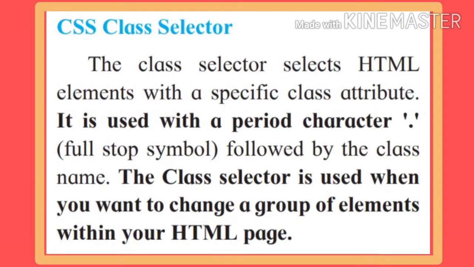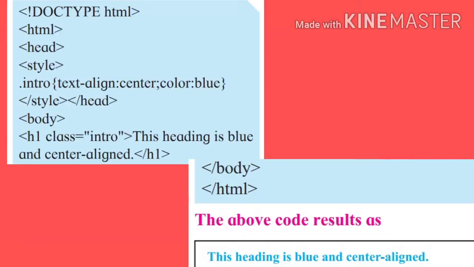Next is the class selector. The class selector selects HTML elements with a specific class attribute. It is used with a period character, that is a dot, followed by the class name. The class selector is used when you want to change a group of elements within your HTML page. Let's see the example.